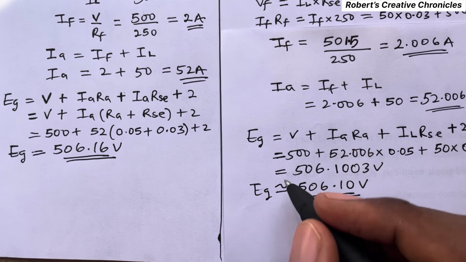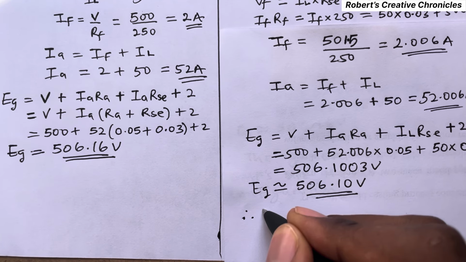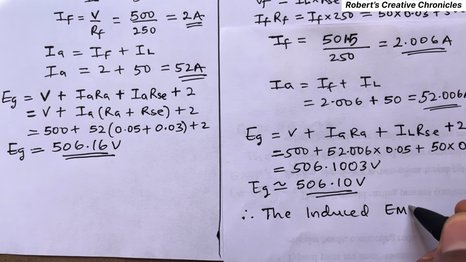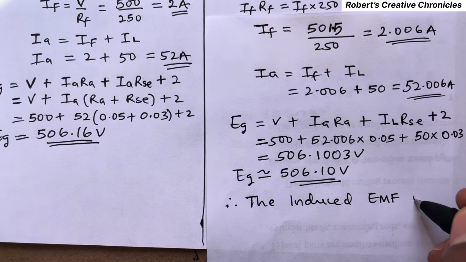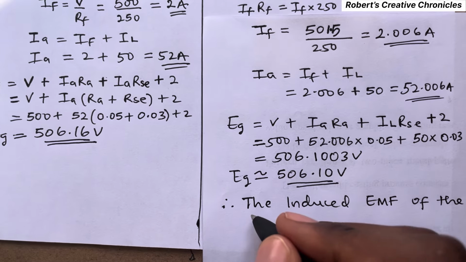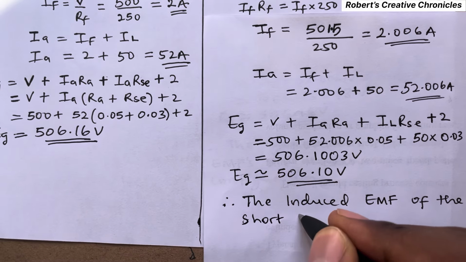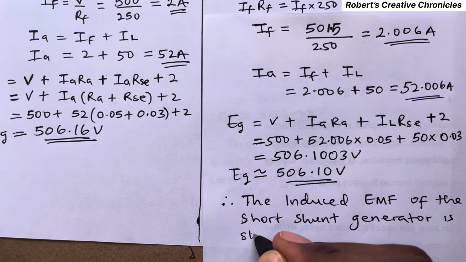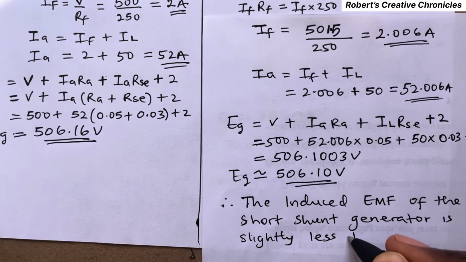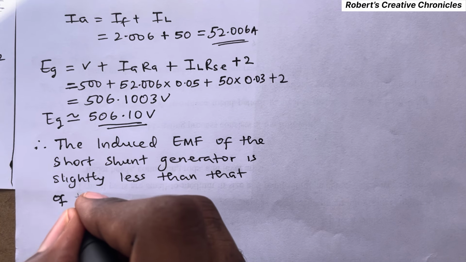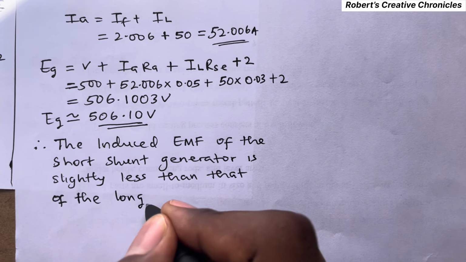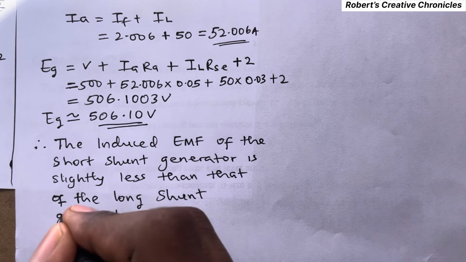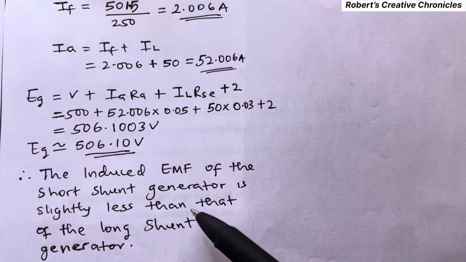So we can conclude that the induced EMF of the short shunt generator is slightly less than that of the long shunt generator.